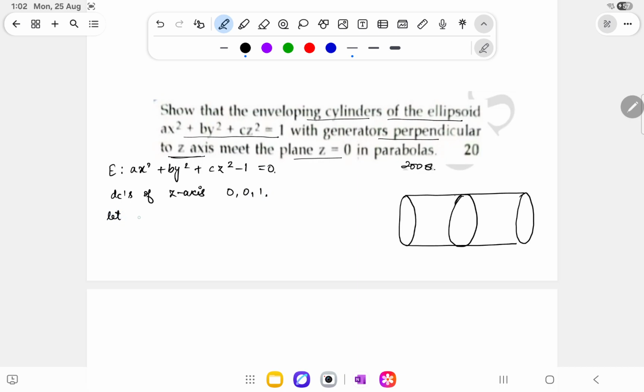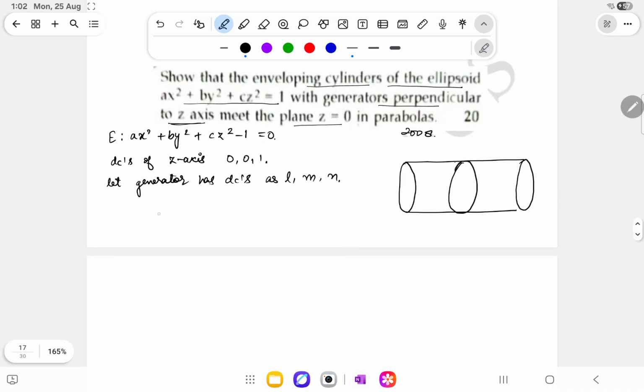Let us assume the generator has direction cosines L, M, N. Using the perpendicularity result, we get 0 into L plus 0 into M plus 1 into N equals 0. From here I got N as 0.